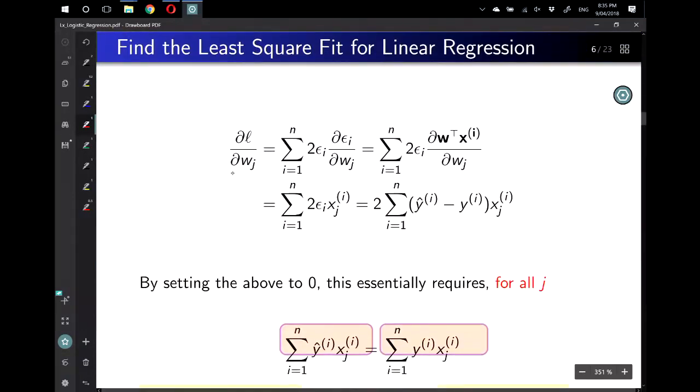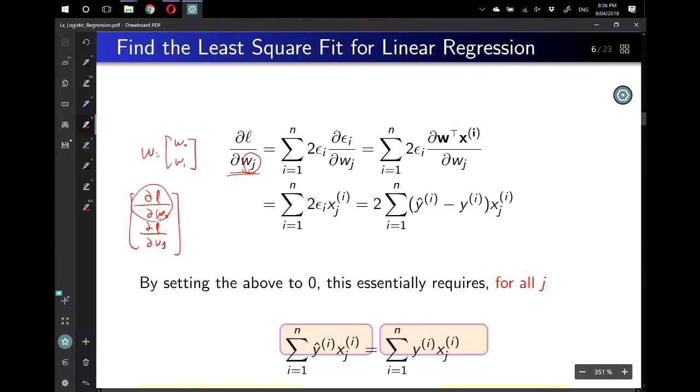So what we do is that we need to take the derivative with respect to W. Okay? In theory, effectively here, because W is a vector, W consists of W0 and W1. Okay? So we actually take the derivative with respect to each dimension or each component of W. So we do partial L over partial W0, partial L over partial W1.